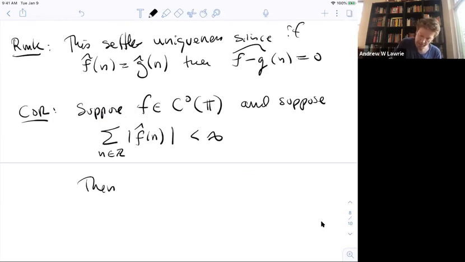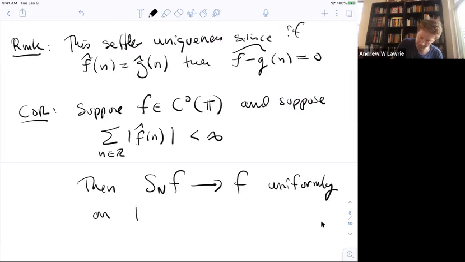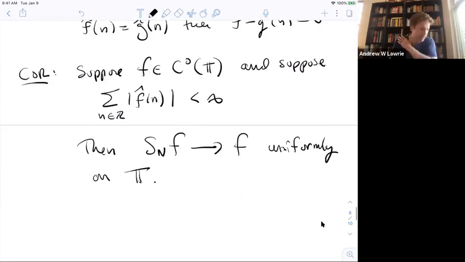Then S_n of f converges to the function f uniformly on T. So not only does the sequence of partial sums converge, we in fact have uniform convergence on the circle.